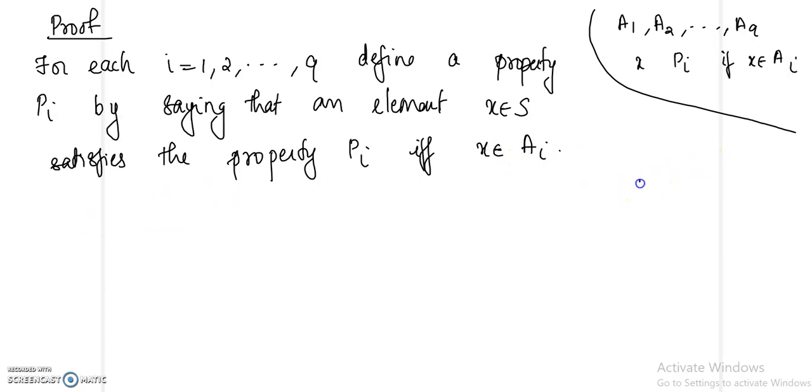And now we need to find the cardinality of A1 complement intersection A2 complement intersection, AQ complement.